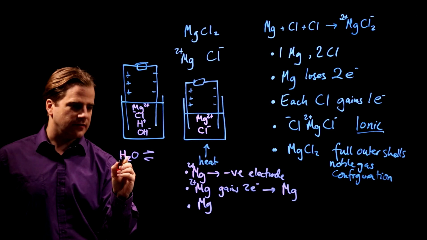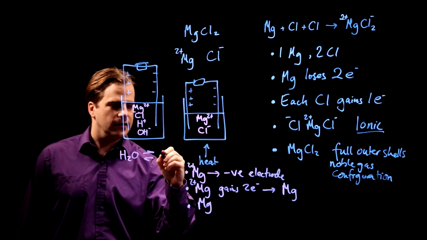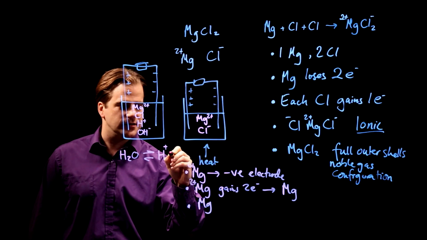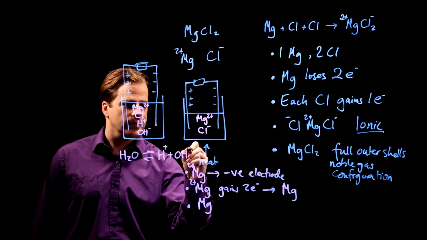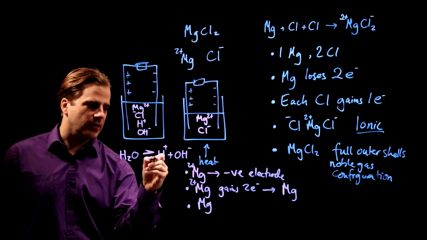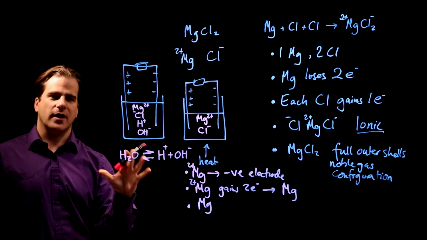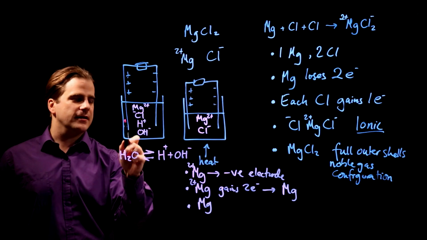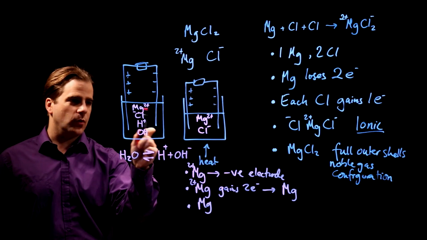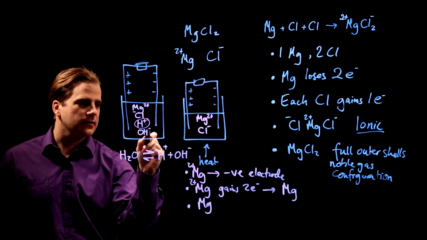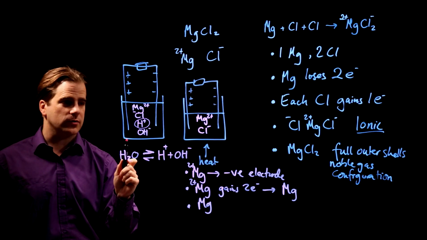One of the hydrogens is dissociating from the OH. So it's dissociating to H plus and OH minus. And I've drawn this double arrow because it reassociates back to H2O. What I'm trying to say is that in an aqueous solution in water, there are always going to be some H plus ions, and that's really important here.